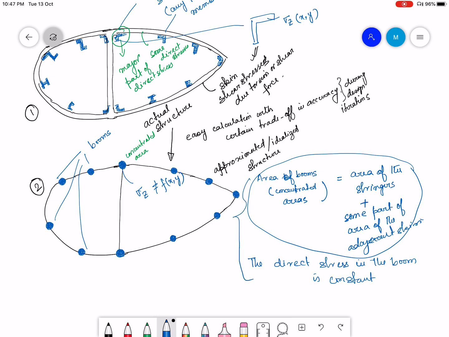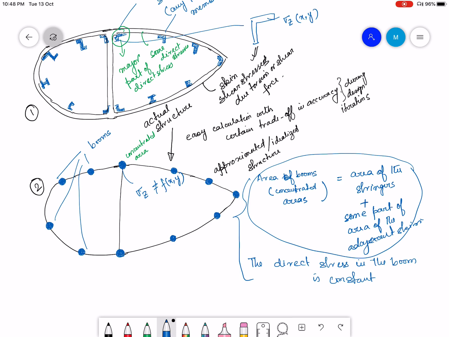Now comes the skin. In the actual structure shown in figure 1, the skin has a certain thickness. But in the idealized or approximated structure, the skin has no thickness. Why? Because the area of the skin has been included in the boom.